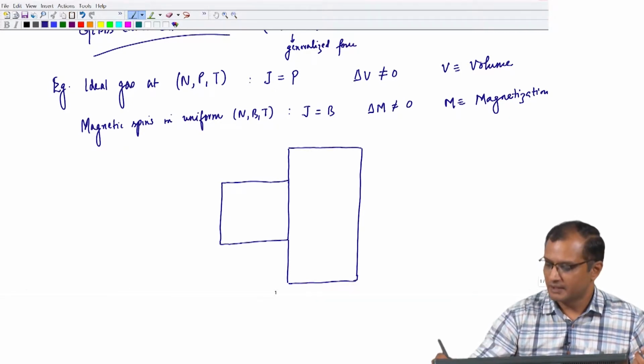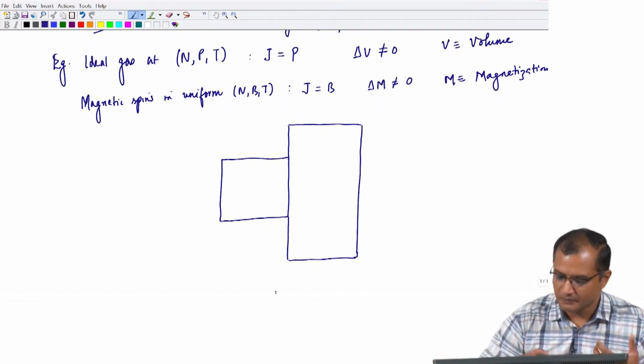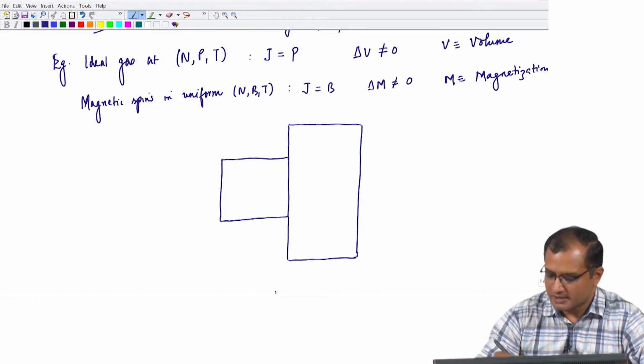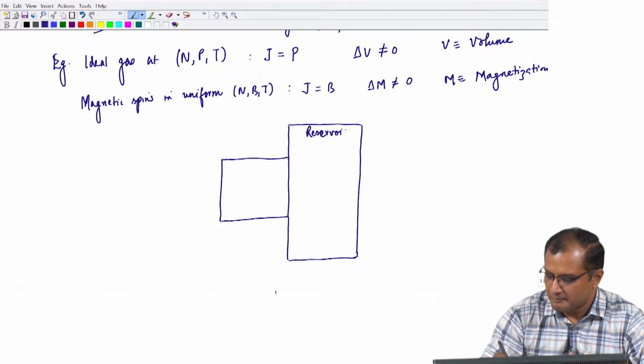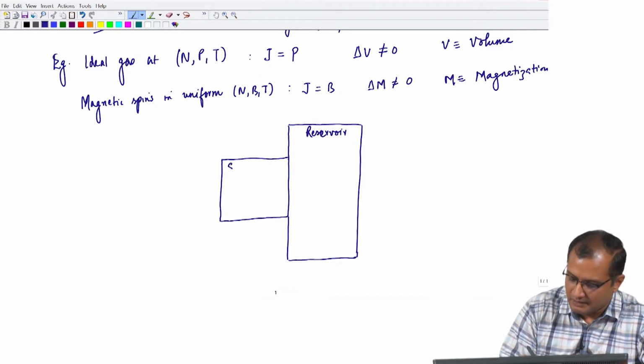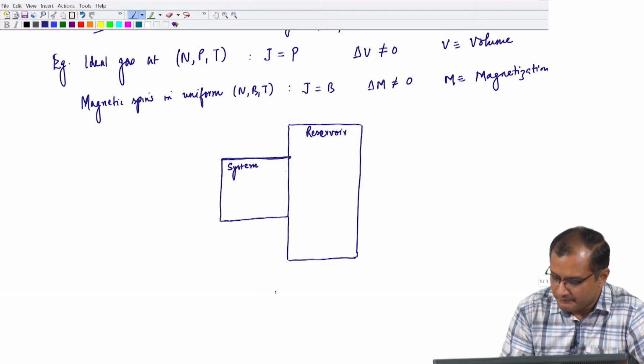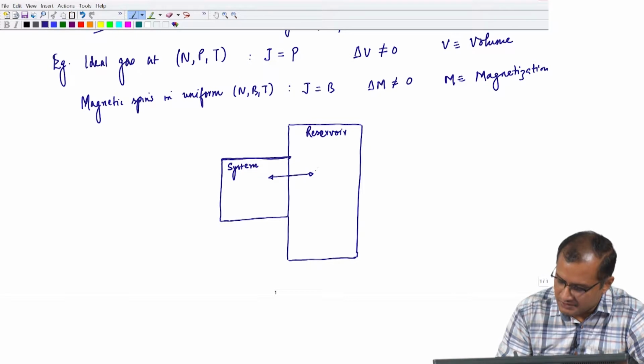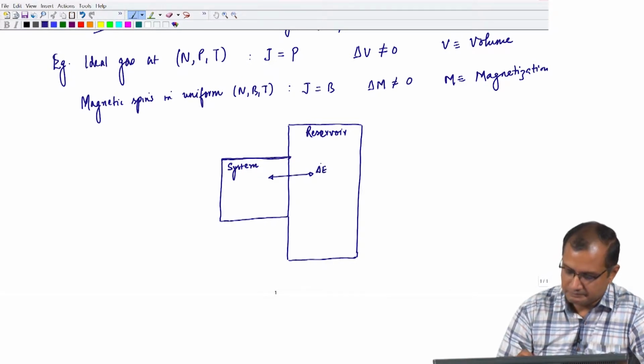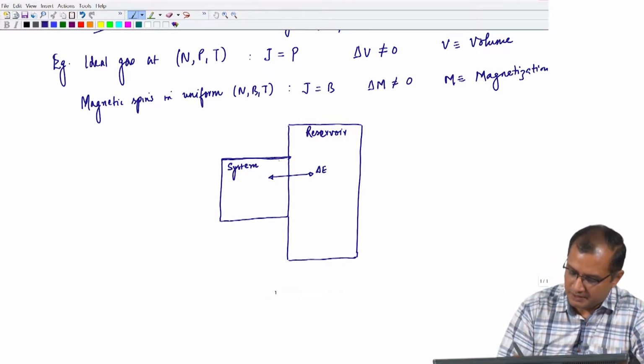Let us say the system is allowed to exchange energy with the reservoir. So, the system is exchanging energy with the reservoir in order to keep the temperature T constant.